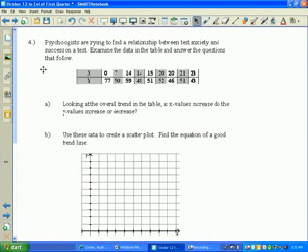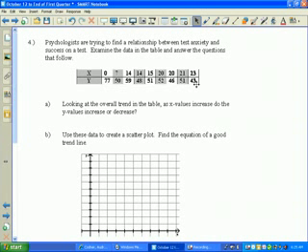And lastly, for number 4, the test anxiety is going to represent your x values, and the success on the test is going to represent your y values. If you notice, the x's are pretty much increasing. So the more your test anxiety increases, what's actually happening to your success on tests?